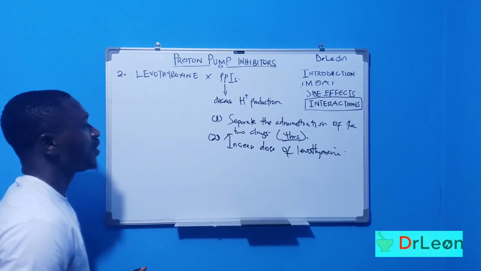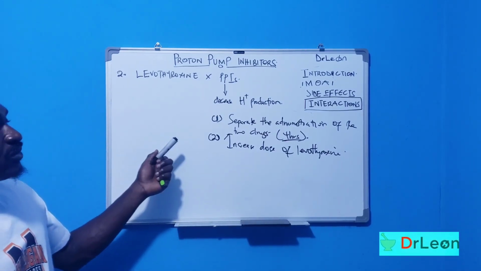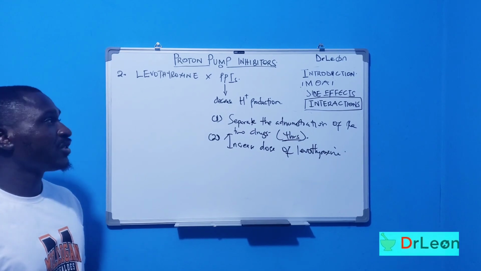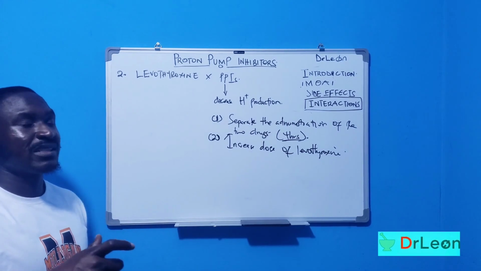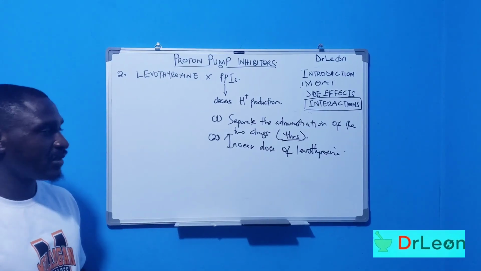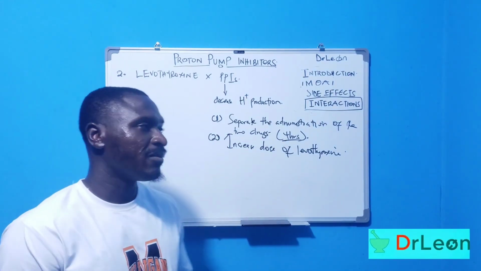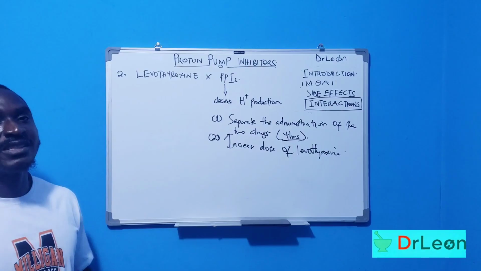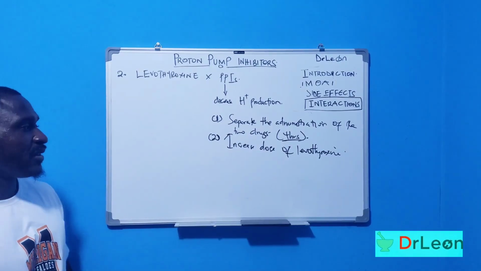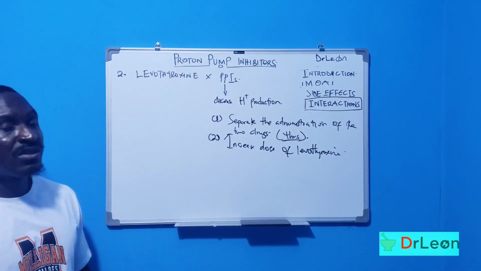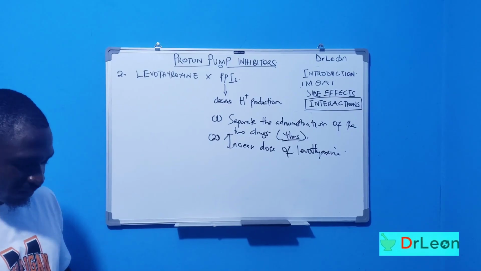So as we said, the levothyroxine absorption will be reduced because the hydrogen production, the H+ production, is reduced. So for us to get a quite effective amount of levothyroxine in the system, we have to give more, and that is to increase the dose of the levothyroxine.